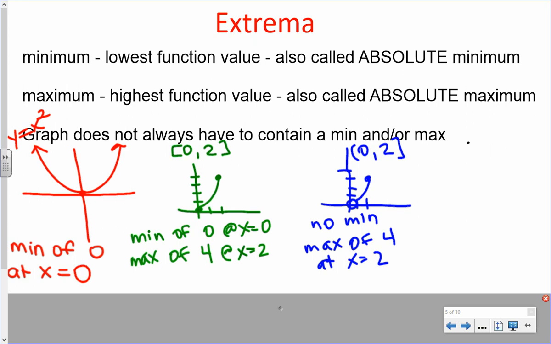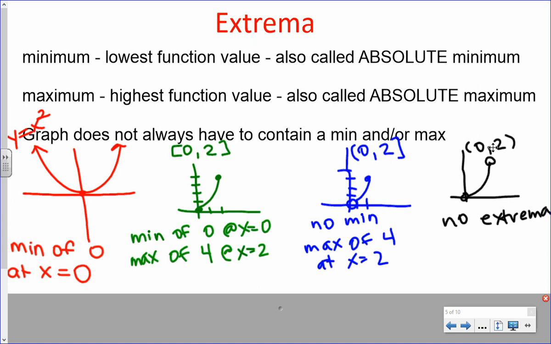Okay. So if we were to make the entire interval open, would we have any extrema? Not in this case. Okay. Now, that doesn't mean that if we have an open interval, we're just not going to have a minimum or maximum. You know, if we had the open interval from -2 to 2, we would have a minimum.